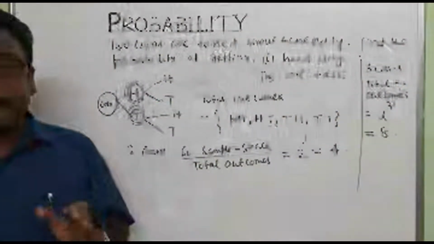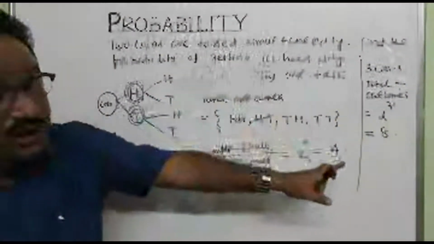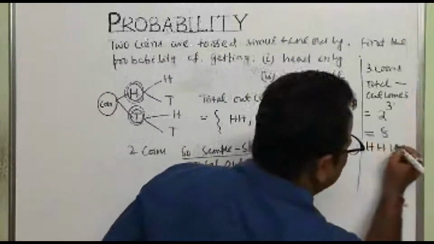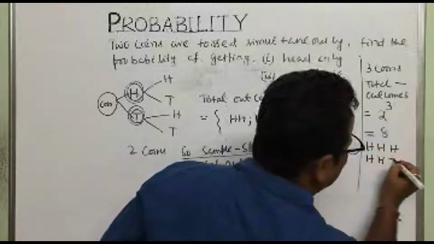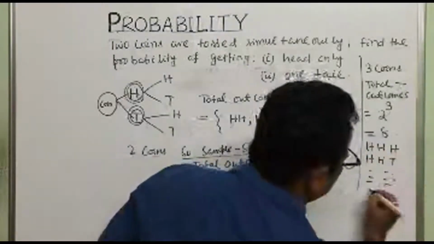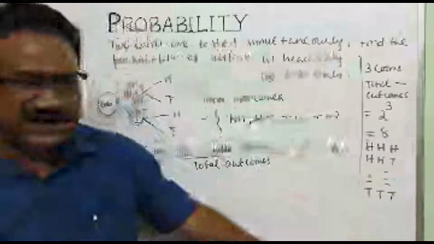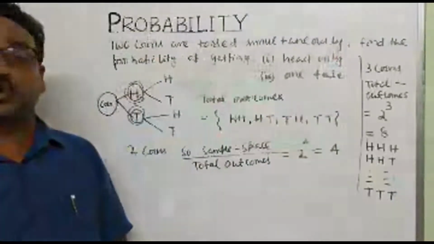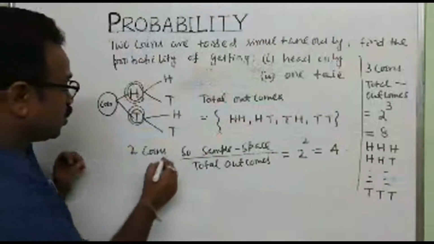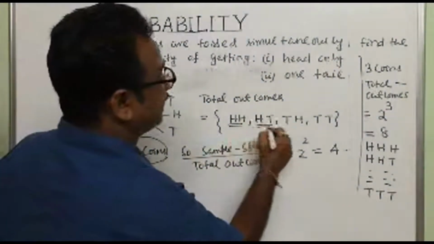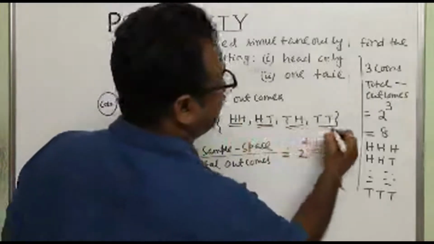If 3 coins are tossed, it will come head, tail, and so on, so total 8. I am not writing in detail because we have 2 coins. Now 2 coins, 2 square, 4: head, tail, head, tail.